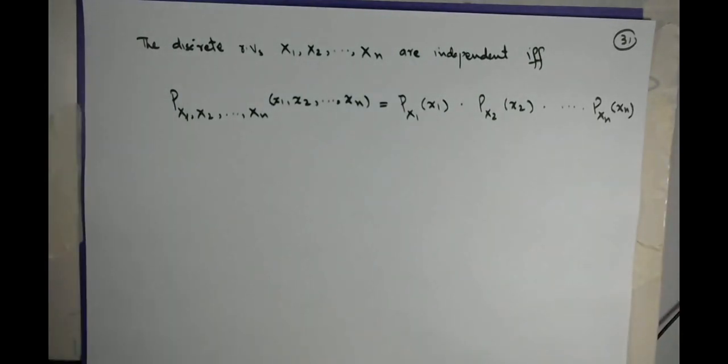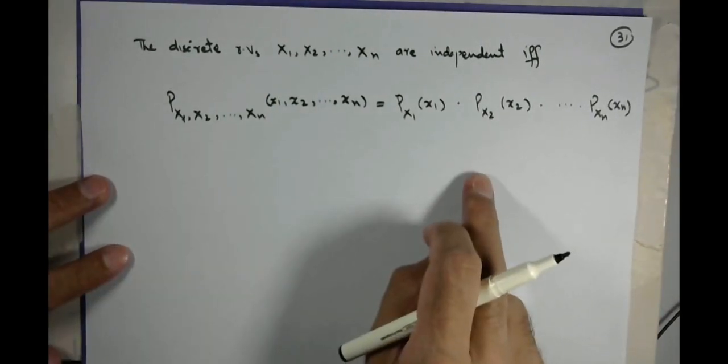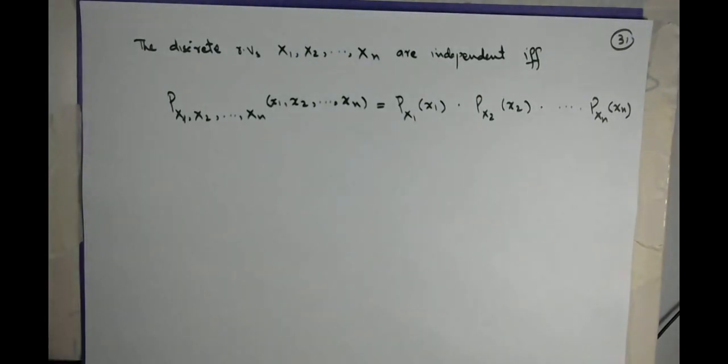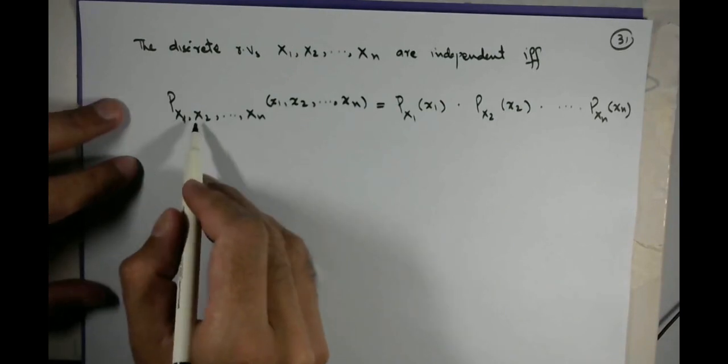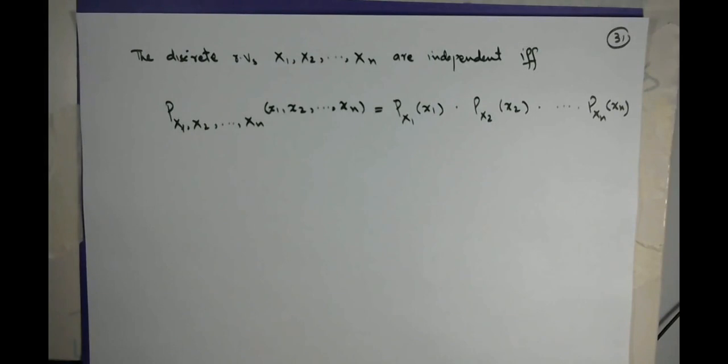So this is what we mean by the independence of n random variables. If you recall, just recently we discussed the concept of independence of two random variables where we had, say, x and y. So this formula is basically a generalization of the same formula.